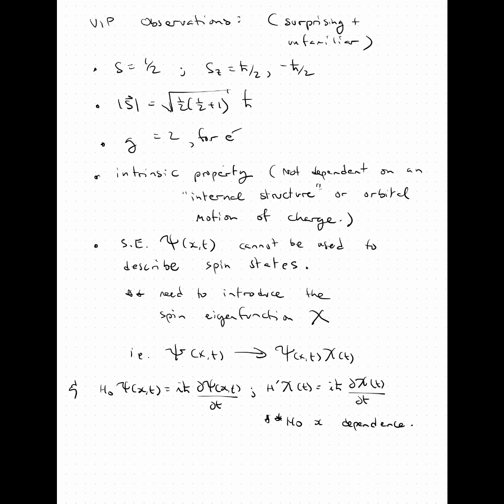And let's now define some notation. We can write chi in terms of chi plus and chi minus, and in terms of the matrix operators or the matrix representation, chi plus becomes (1, 0), chi minus becomes (0, 1).